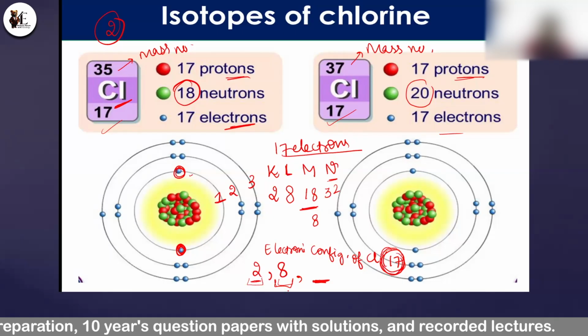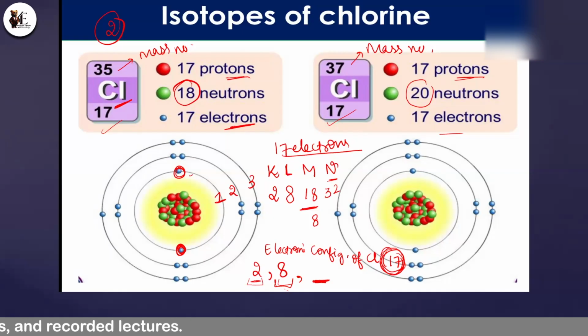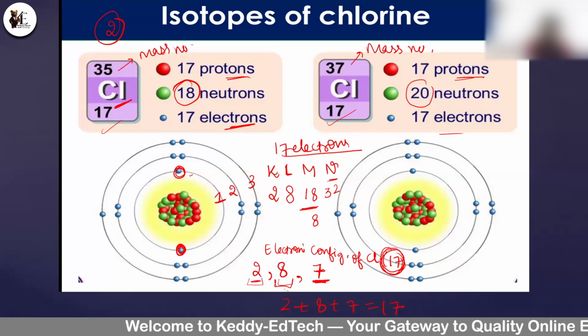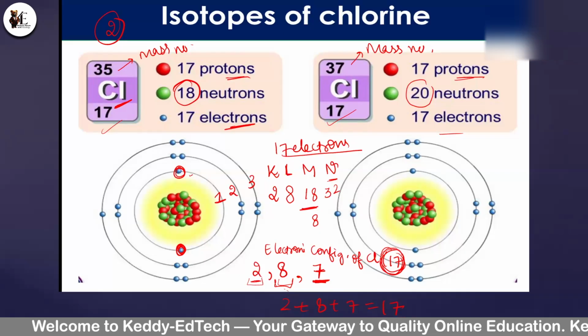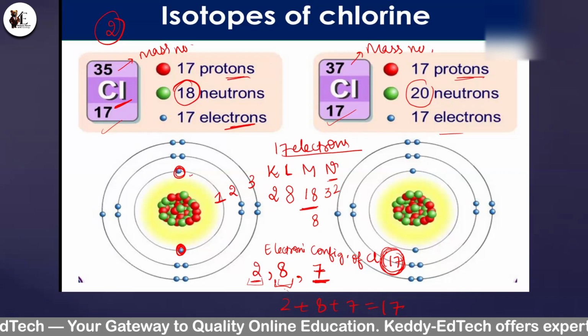Okay, 2 plus 8 is done. That means 10 electrons are already filled. Now how many are left to complete it to 17? How many are left? 7 electrons, right? Because now 2 plus 8 plus 7 is equal to 17. Okay? Yes, write it down.